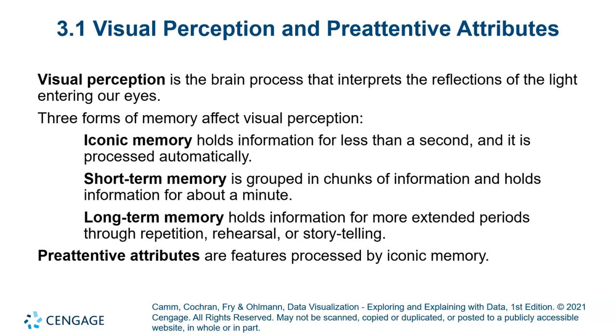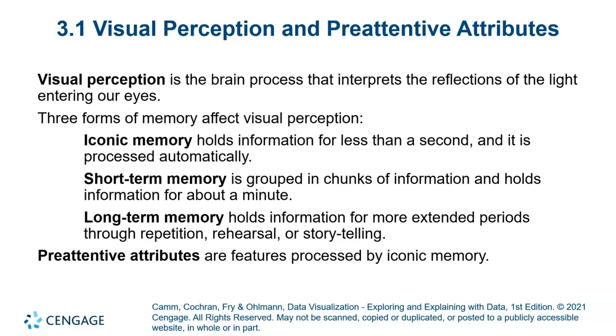And moreover, there are 3 kinds of memories. One is called iconic memory. Iconic memory is related to how much information you hold in 1 second. For example, if there is some advertisement or some picture that just comes for 1 second, how much information you hold. Short-term memory is grouped in chunks of information, and it's how much information you hold for a minute, right?